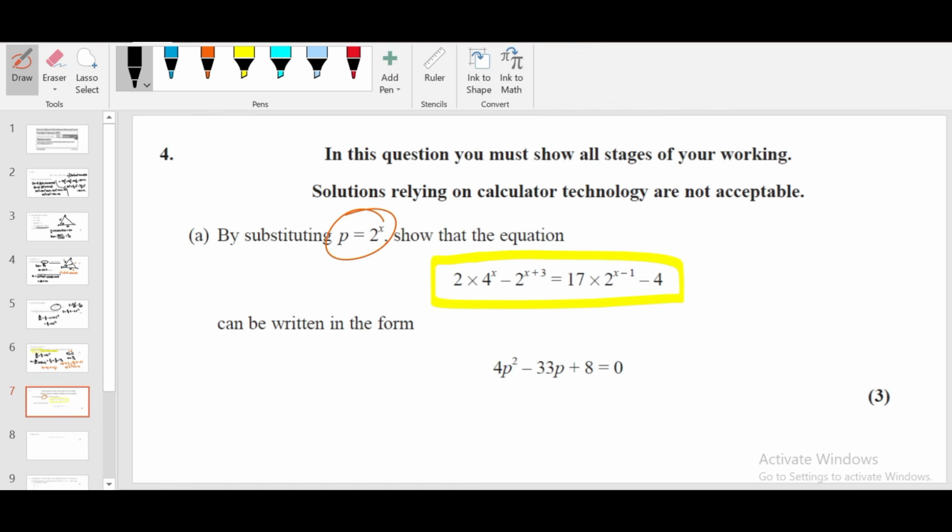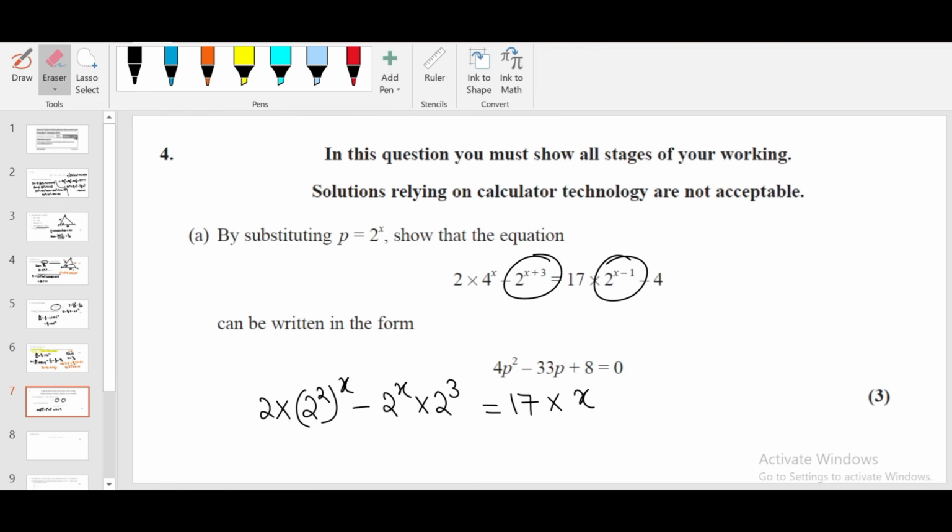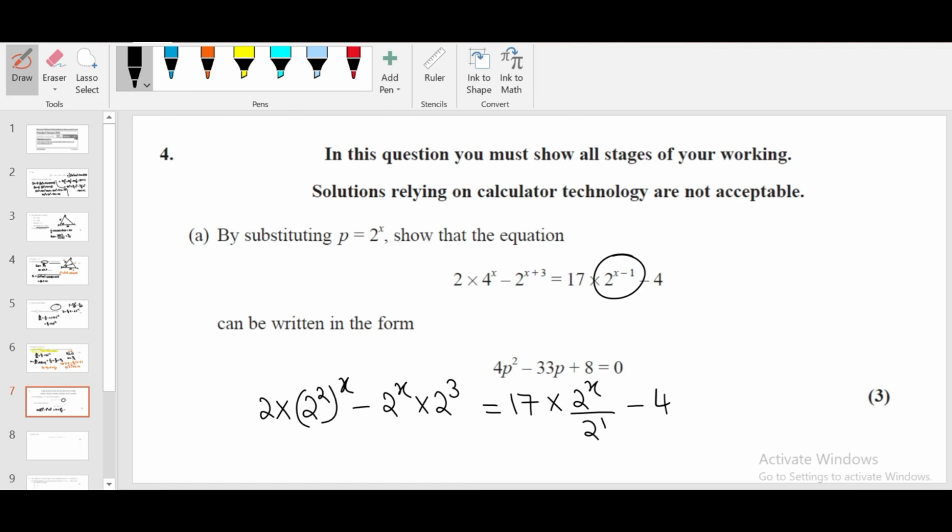So you can write this as 2 times 4 power x, which can be written as 2 squared power x, since 4 is 2 squared, right? Minus 2 power x plus 3. By applying laws of indices, you can write it as 2 power x times 2 power 3 is equal to 17 times 2 power x minus 1, and 2 power x minus 1 can be written as 2 power x divided by 2 power 1, minus 4.